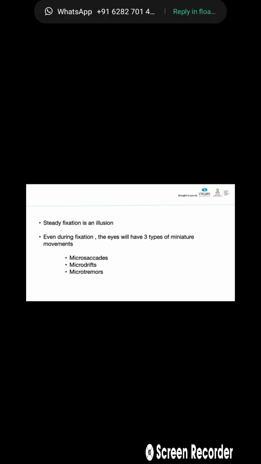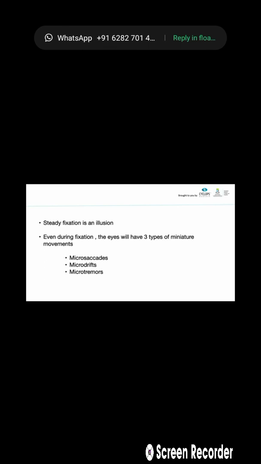So, really, do the eyes stay still? The answer is no. Steady fixation is an illusion. Even the fixation system is not an exception to fatigue. Even the fixation also has fatigue.